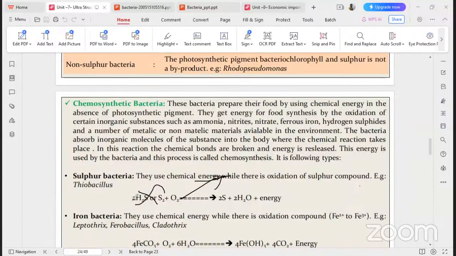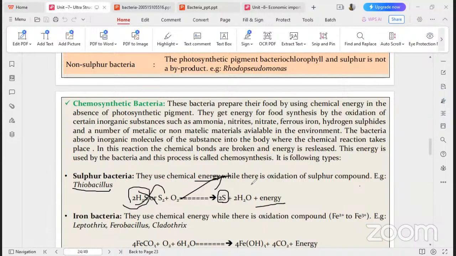First, you can see the sulfur bacteria: Thiobacillus and Beggiatoa. You know the largest bacteria is Beggiatoa. These utilize sulfur byproducts, releasing sulfur and energy.